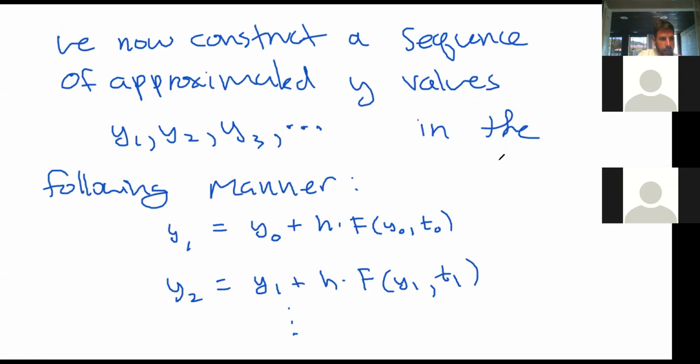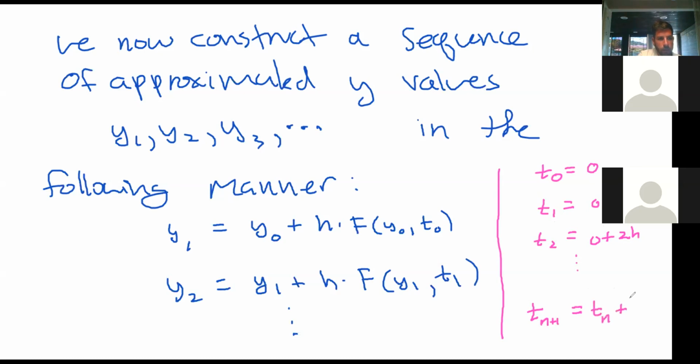You might not remember this exactly, so let me be very clear. t of 0 is equal to 0 because that's the initial time on our problem. t sub 1 is going to be 0 plus h. t sub 2 is going to be 0 plus 2h, etc. So in general, t sub n plus 1 is always your previous t plus your step size.